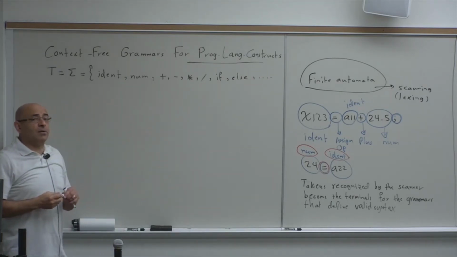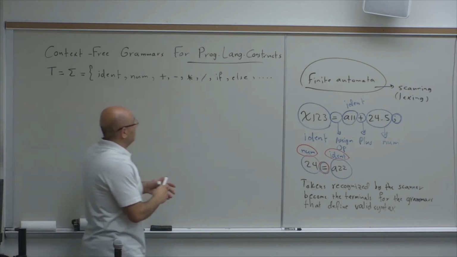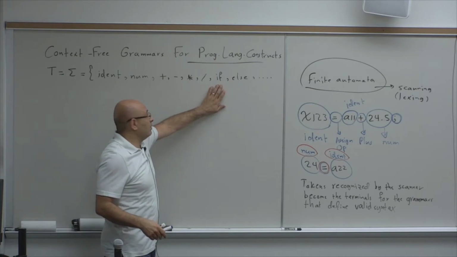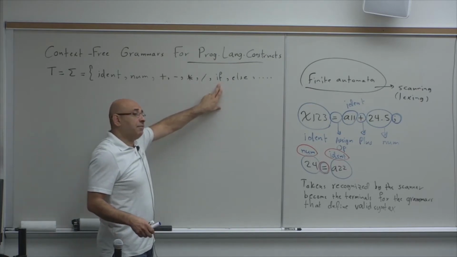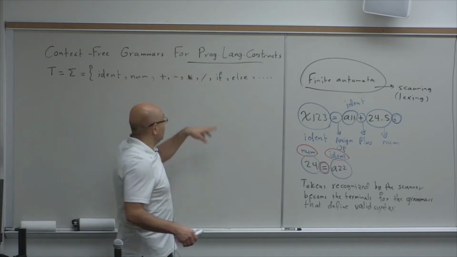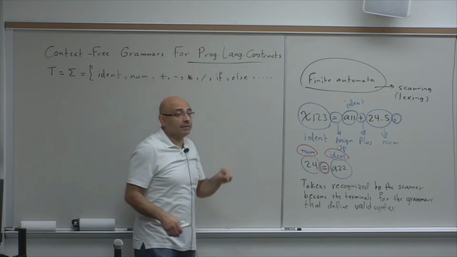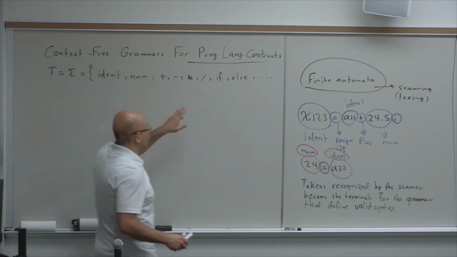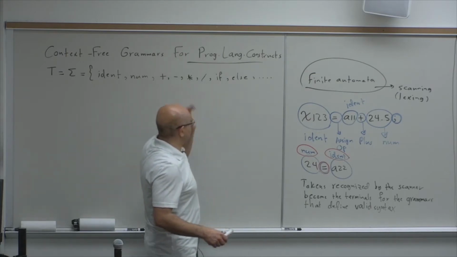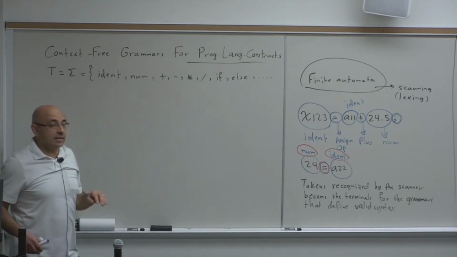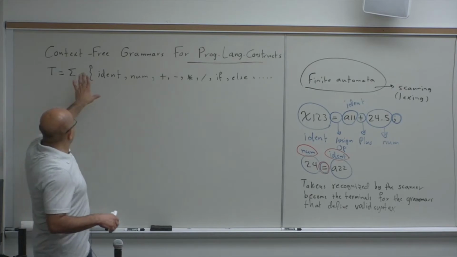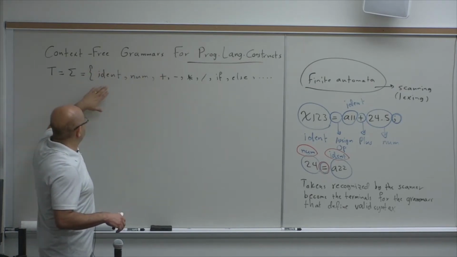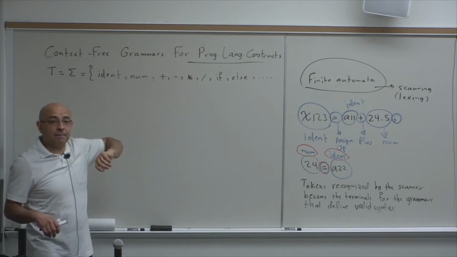and by the way, keywords are going to be trivial to recognize at the scanning level, right? A keyword like if is a language that has only the string if in it, and that's all. So it's a regular language that consists of a single string. So these are going to be our terminals, or our symbols of the alphabet.